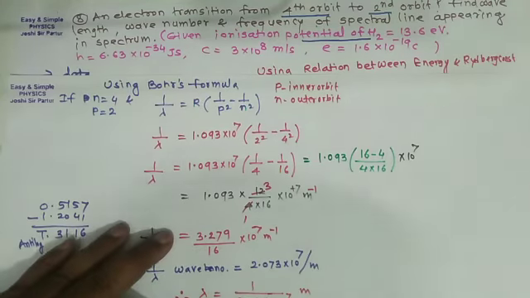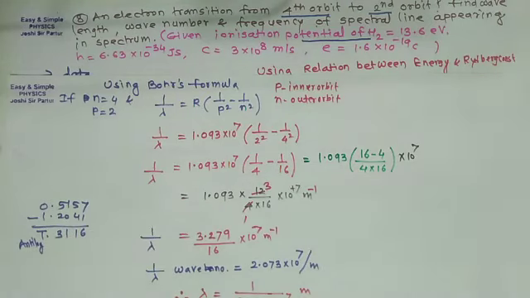So wavelength lambda is equal to 482.4 angstrom unit. This is the second answer.